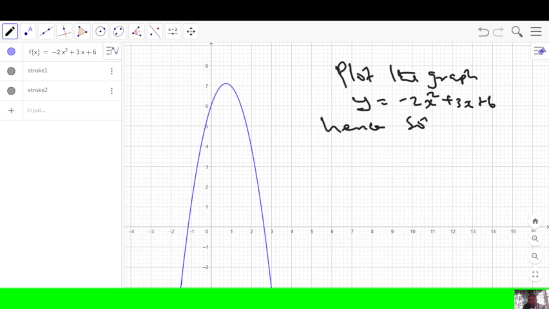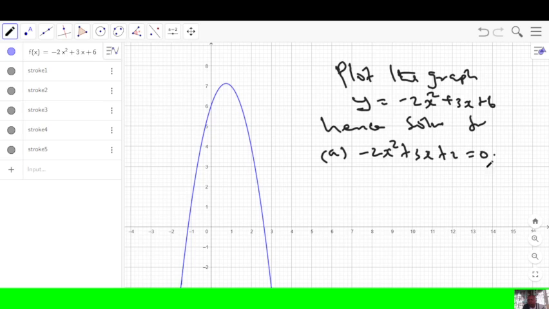Hence, solve for negative 2x squared plus 3x plus 2 equals to 0.